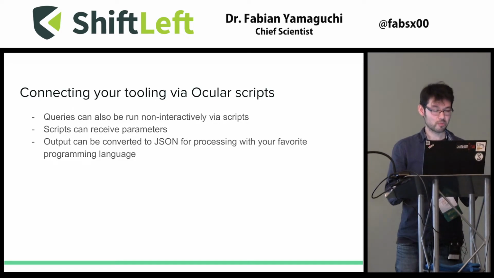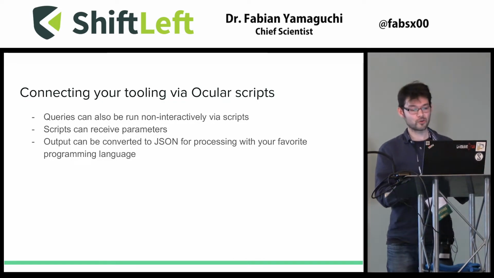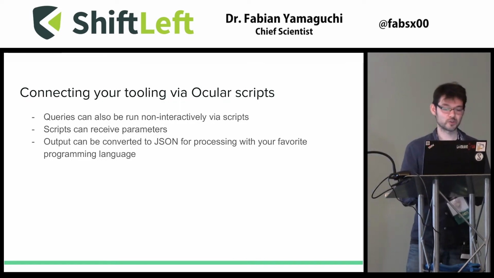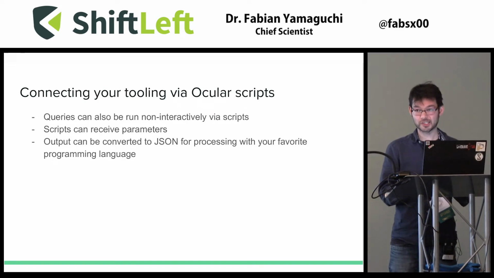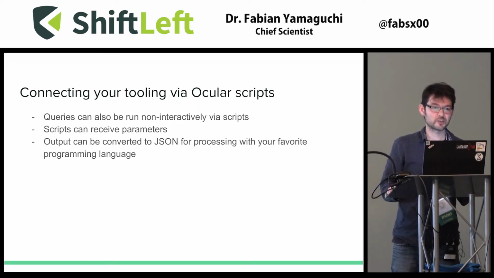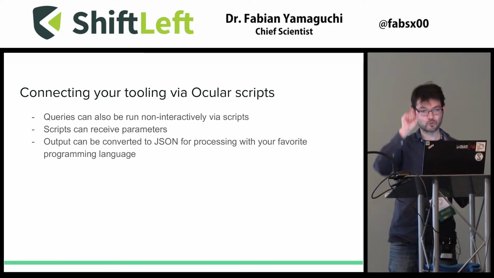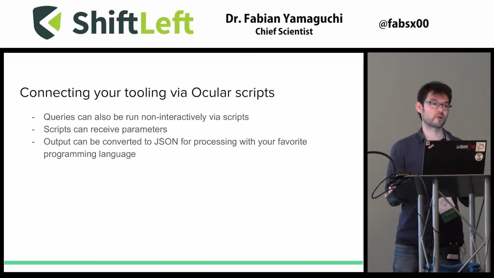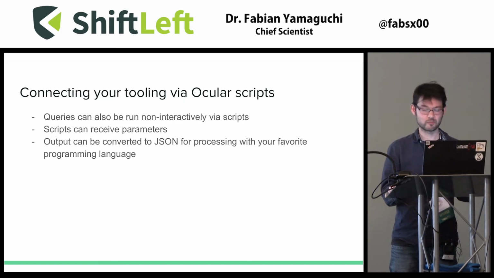And you can pipe out the results that you get as text, and also in different text formats, like, for example, JSON. So that then enables you to use the query language only for the actual querying, and then switch back to your favorite programming language like Python or Ruby or whatever you want to use.